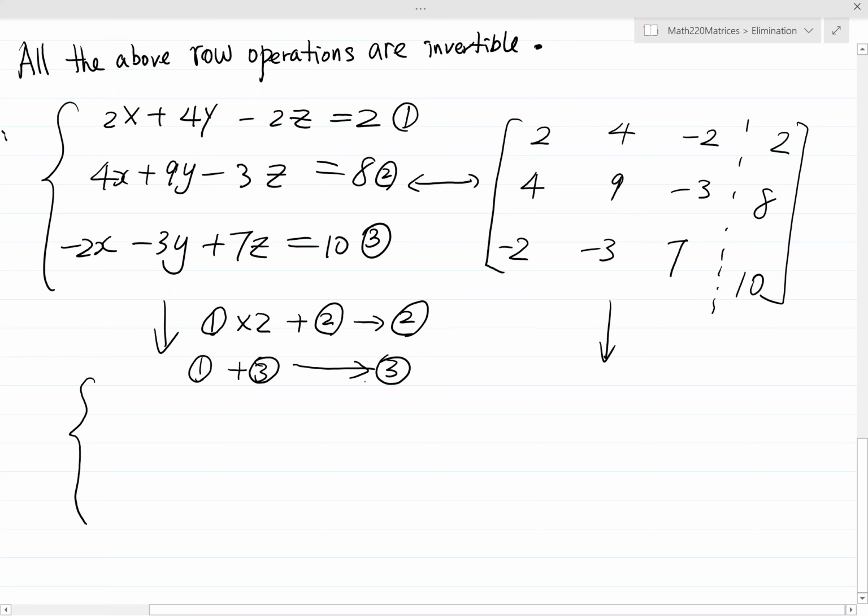So the row operation says: the first row R1 multiplied by negative 2 plus the row R2, and we replace R2. And then R1 plus R3 replaces the row R3.